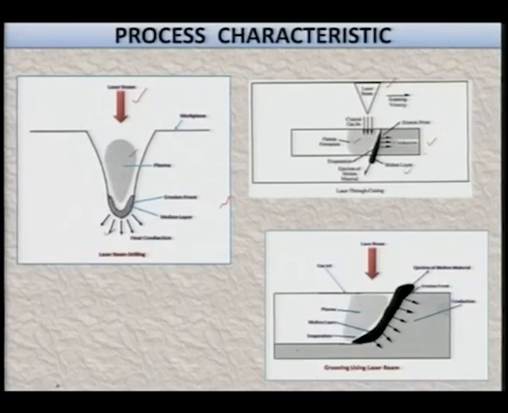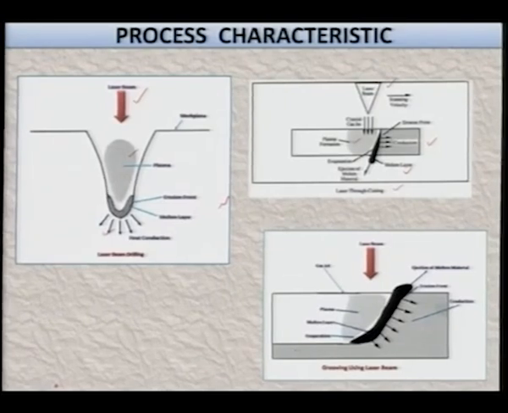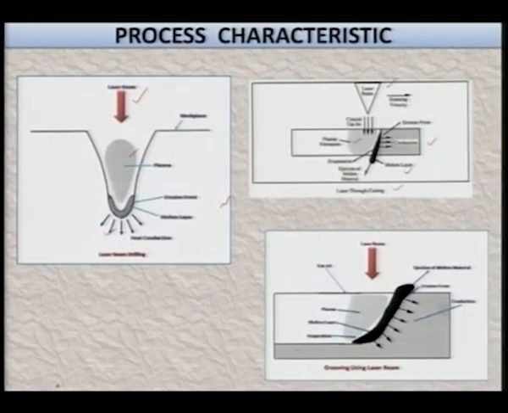Now, this is quite good for through cutting, but if it is a blind cutting or grooving kind of case, then you can see in the lower figure that the ejection of molten material is very essential. If this ejects out or vaporizes, only then will the laser beam be able to machine further and further.